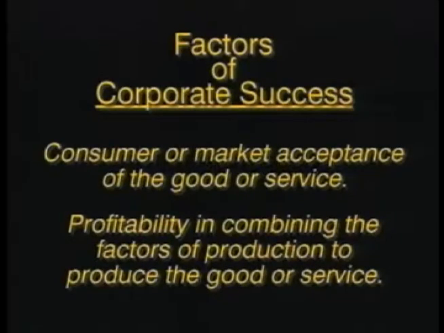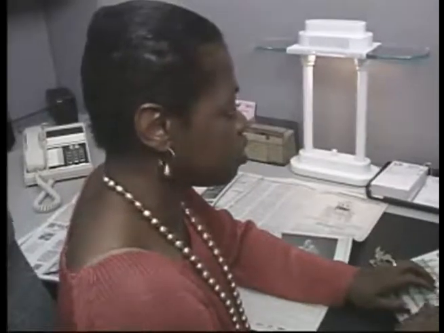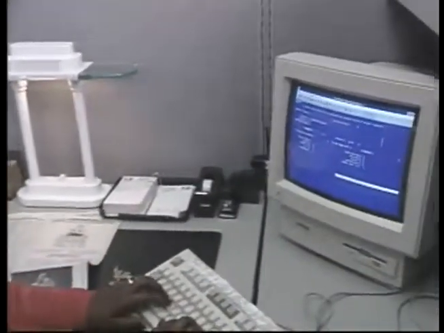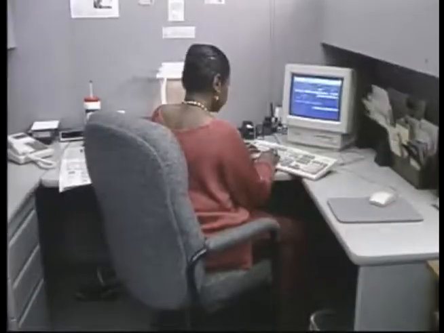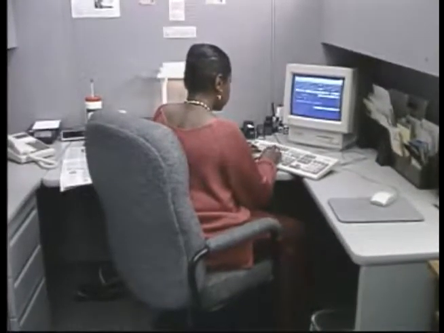For the first factor, let's look at a case history. Personal computers are now an accepted fixture in most businesses and many homes. However, there was a time when their future was not so bright.